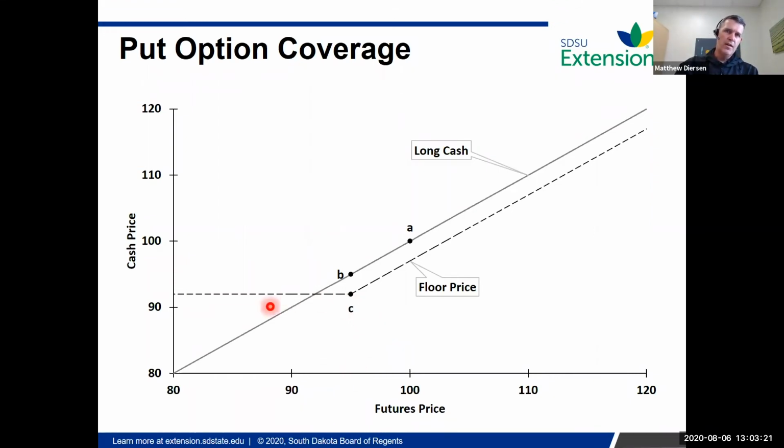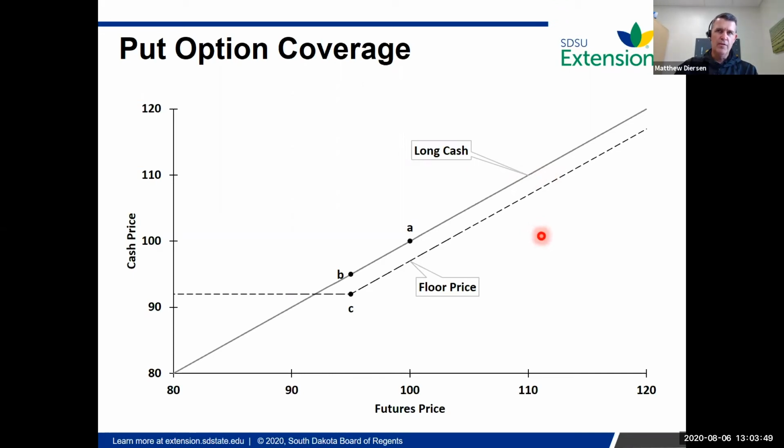So all of this downside risk is transferred to the seller of the option. So that floor price is in place. The nice thing about a put option is if the futures price were to increase, so if we're going back in this direction here, you're out the premium, but you get most of the increase in the price level.